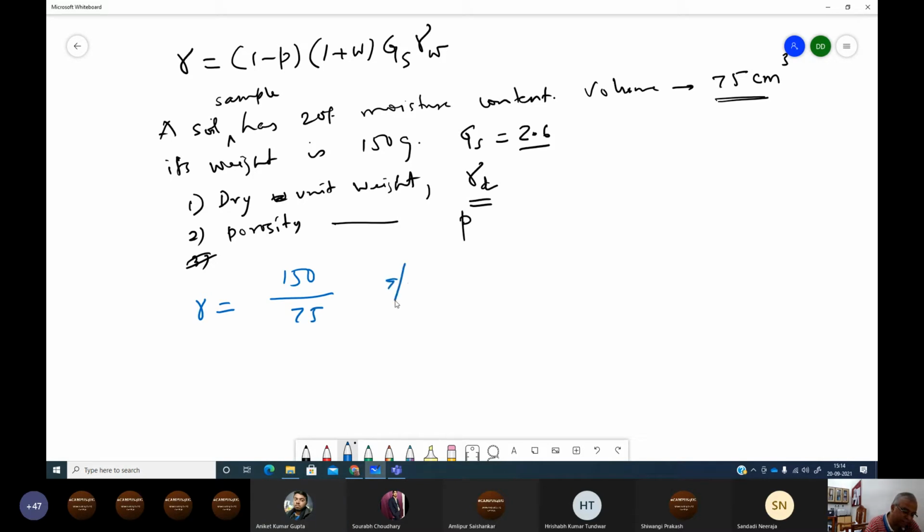So this will be gram per cc. So this is just the mass. We have to multiply it with 9.8 or 10 to make it weight. Right. That is correct.